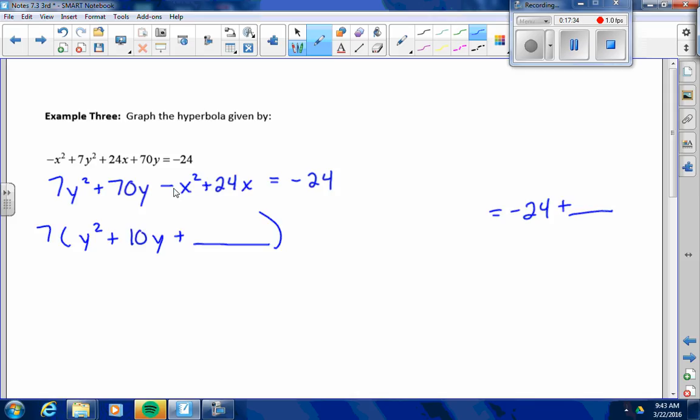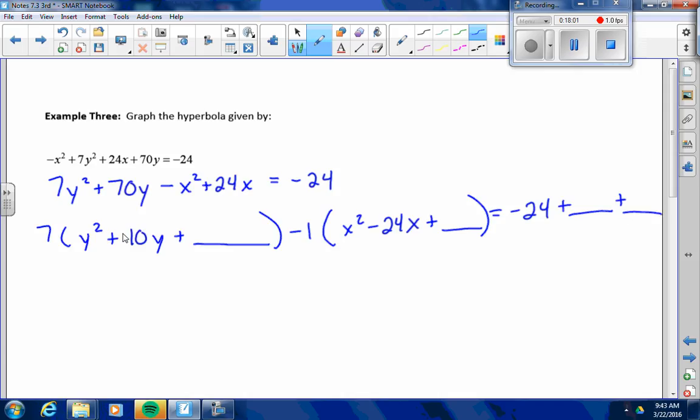The minus sign is actually a negative 1 that has to be factored out of those two terms, the x squared and the 24x. So I have to take out that negative 1, and then I have x squared minus 24x plus blank. And then the other side plus blank.